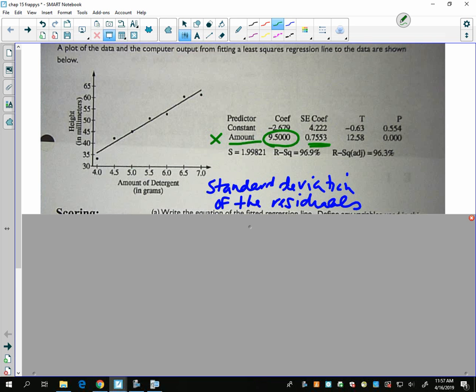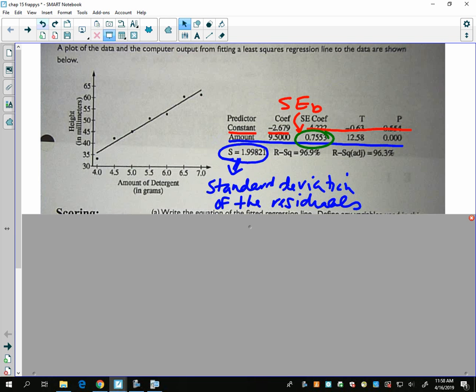This would be your test statistic, and that would be your p-value. So you can see it all here. And now the S is the standard deviation of the residuals. That's right here. And you can get R from R squared. So that's everything. And then you have your y-intercept.